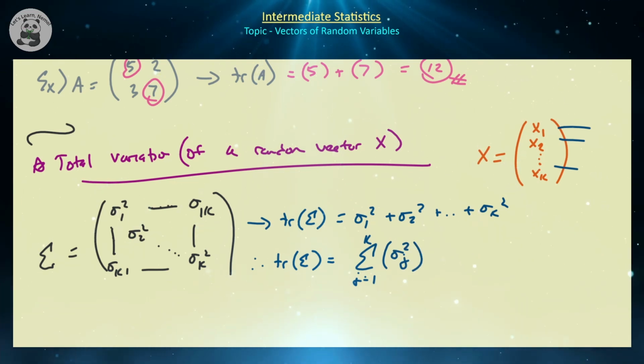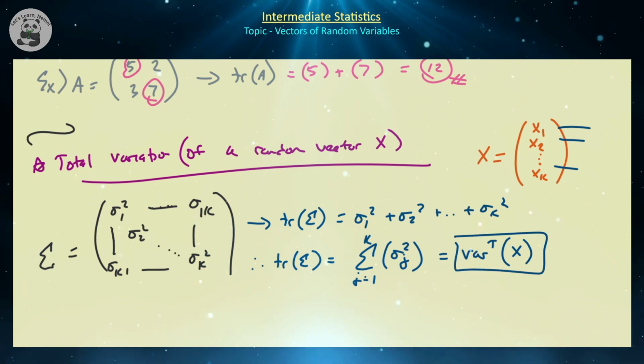Right? So this, the trace of sigma, is sometimes referred to as the total variance of the random vector x, which I'm just going to represent as VAR superscript t for total variance, where here x is a random vector, not a random variable.